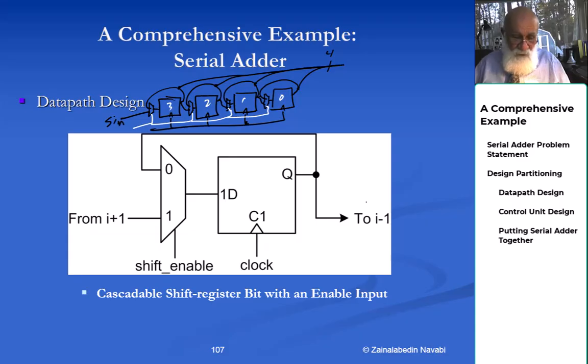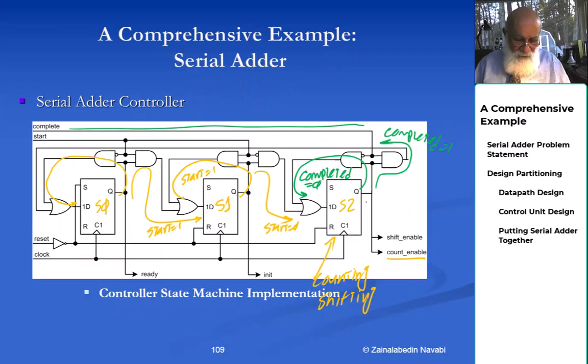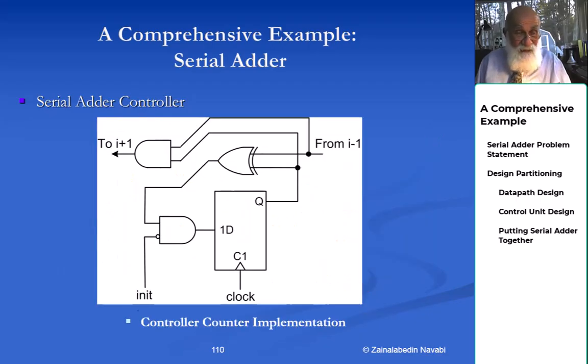And therefore, in my counter, I have this init signal. That same init signal goes into this and puts the 0 into the counter. This is the way I'm doing the mechanism for the counting. I have 3 of these bits. Just take this, copy it 3 times, and then that becomes a 3-bit counter.